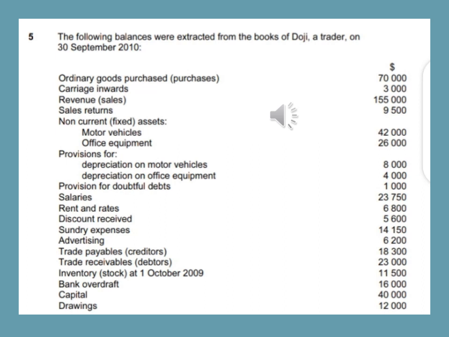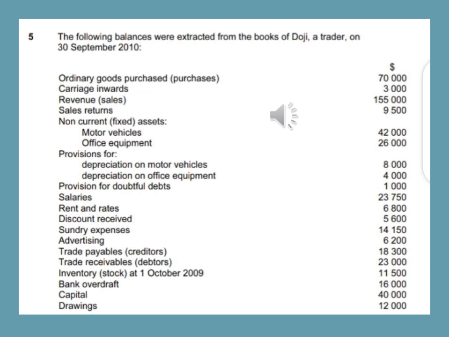For example, income statement and balance sheet will be there in the partnership, in non-profit organizations, in manufacturing accounts, etc. So it's better if we revise the income statement and balance sheet that we covered in the earlier classes.